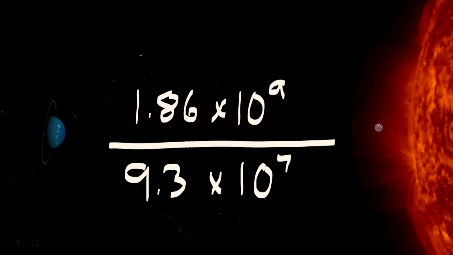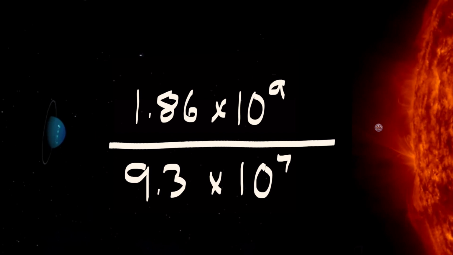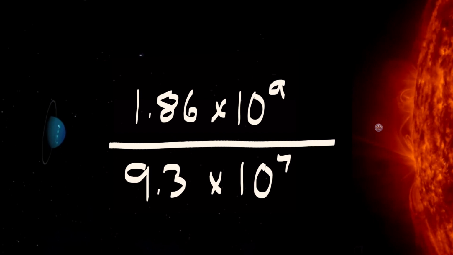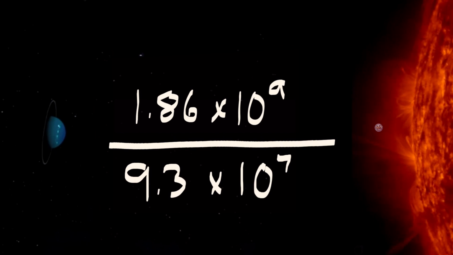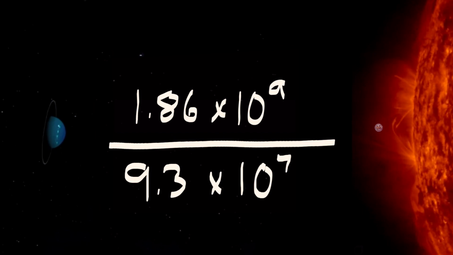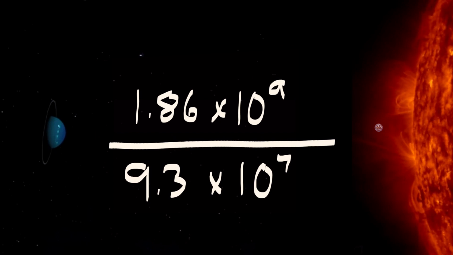So now we have a problem that involves dividing numbers that are in scientific notation. How do we solve this? Well, the easiest way is to do it in two parts. First, divide 1.86 by 9.3. I'll give you a second to do that calculation on some scrap paper.